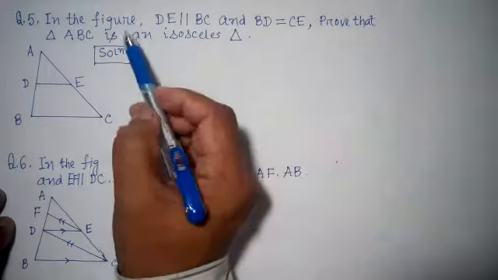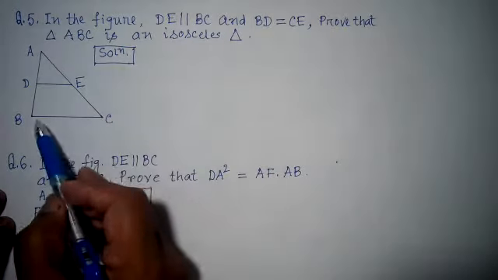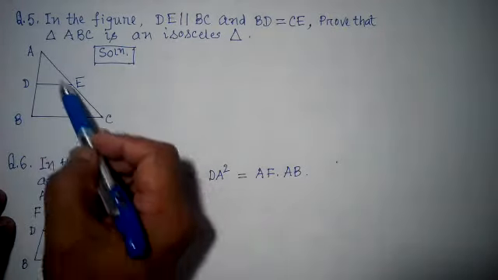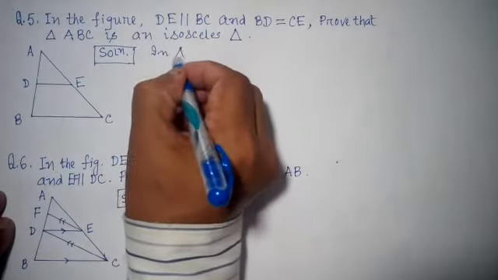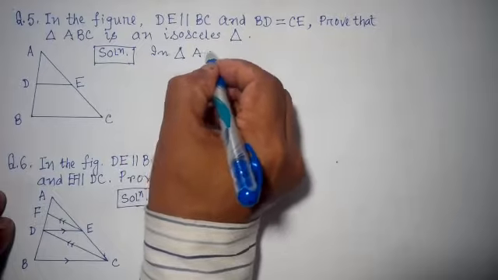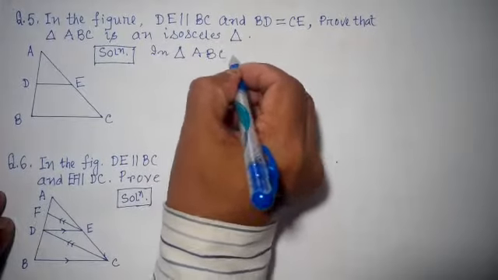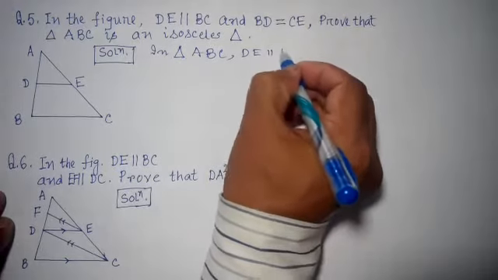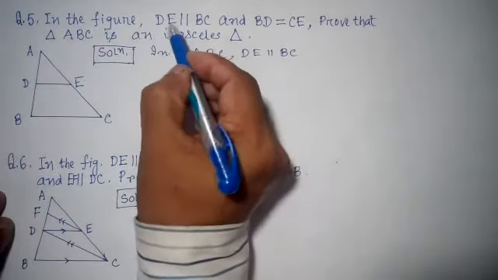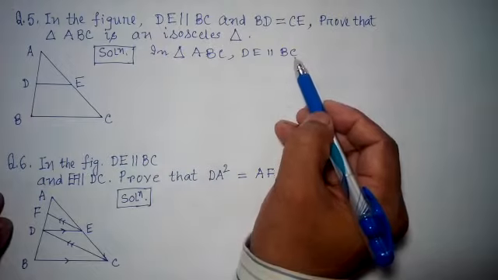So let us take what is given. In triangle ABC, DE parallel to BC. This is given.